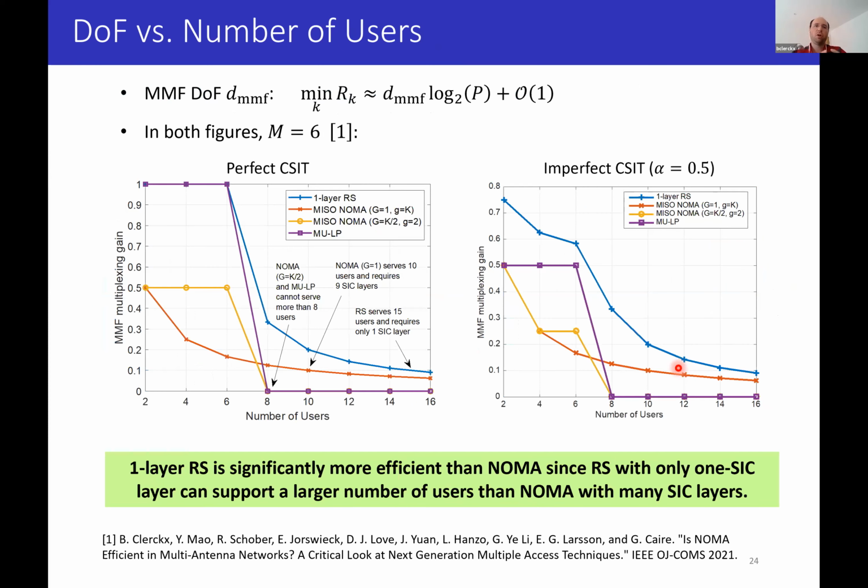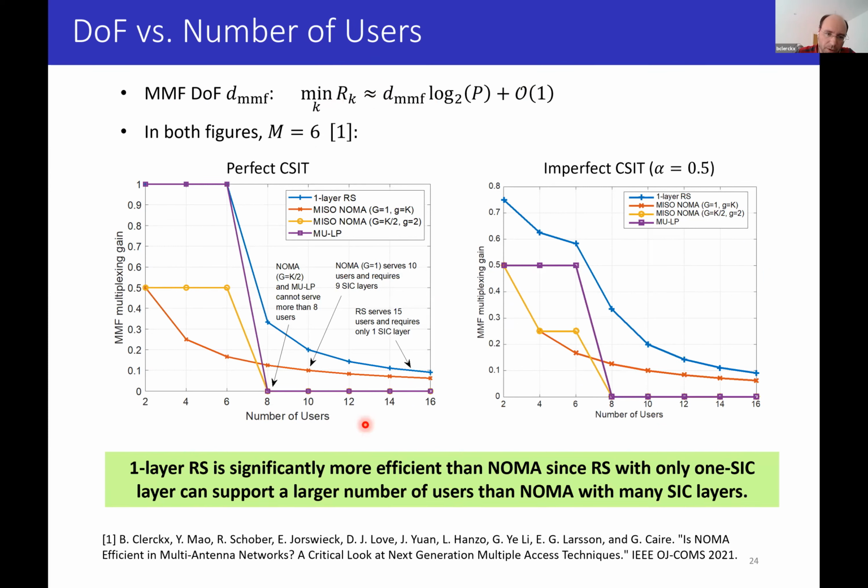Right, so what about DOF versus the number of users? One of the arguments when we go for NOMA schemes, or when you go to massive access, is to try to serve a larger number of users, right? So let's look at that here, where I'm looking at the max-min fair DOF. So I'm looking at again, the slope of this max-min rate as a function of the number of users that I have in the system.